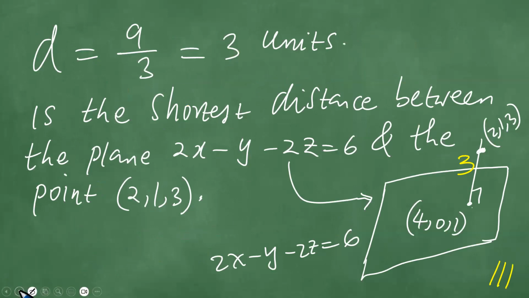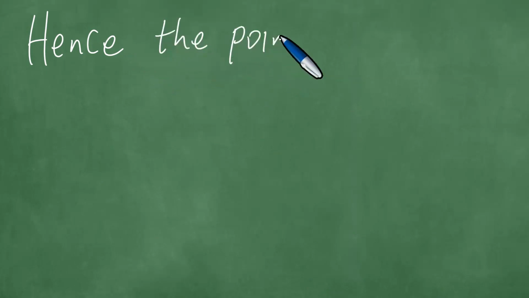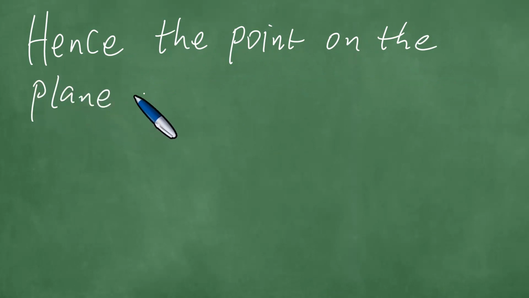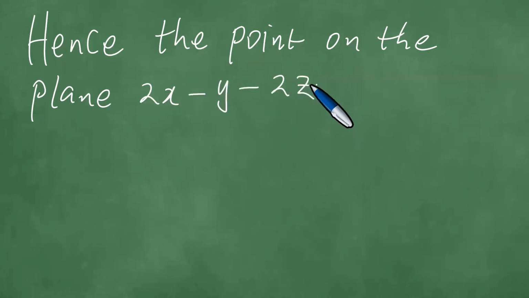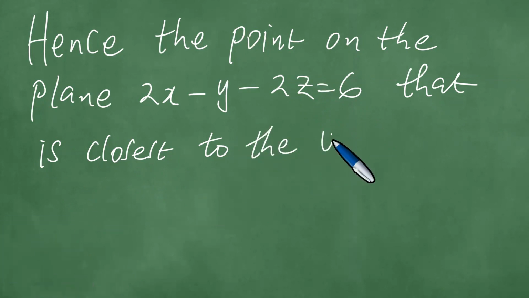So in other words, hence the point on the plane 2x minus y minus 2z that is closest to the origin.